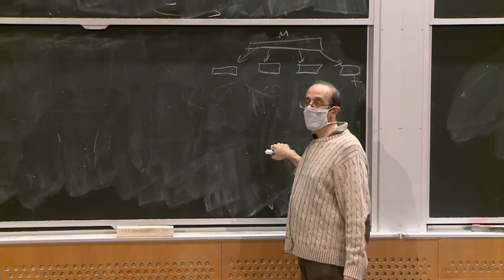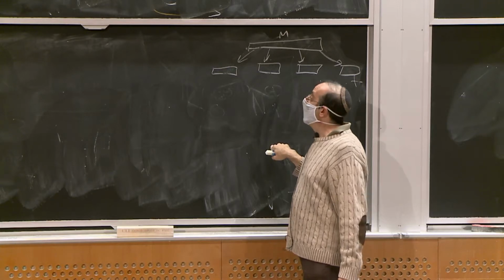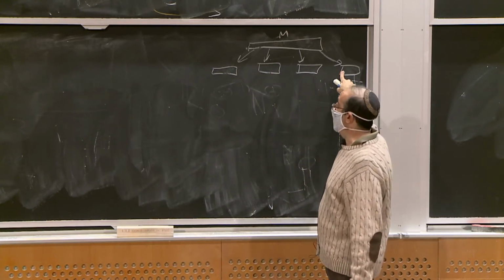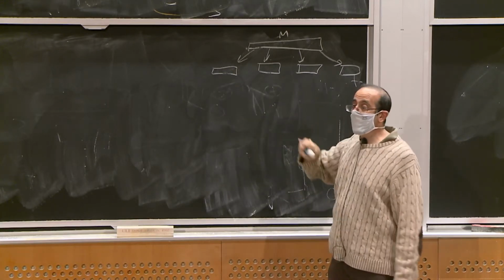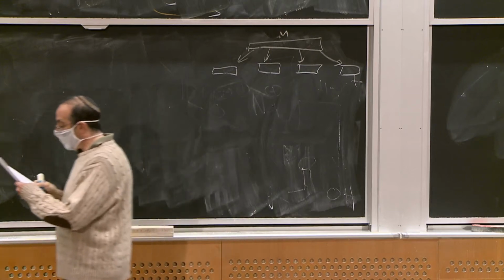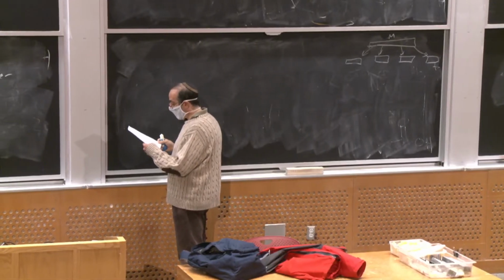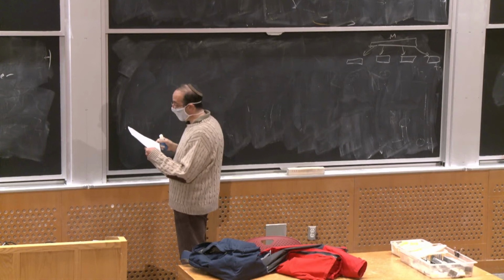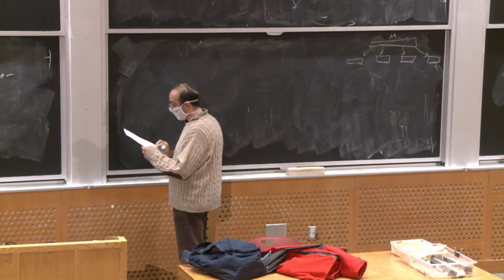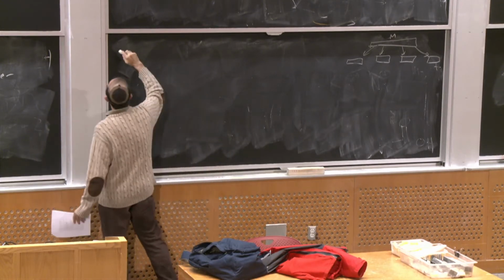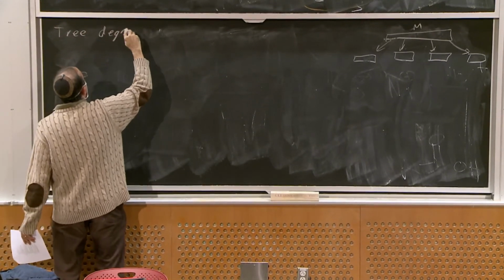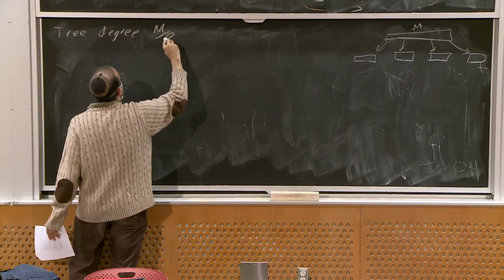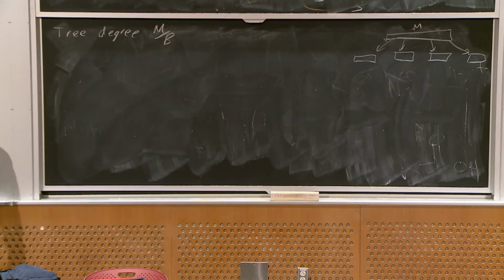How do I know that I only have M over B children? I haven't yet told you how many children we have, and that's the next piece of this design. So I put B tree in quotes because we're actually going to use a much larger number of children in this data structure, again, in order to achieve that runtime. So the details here are that we're actually going to make the tree degree m over b. Why are we making the tree degree m over b?